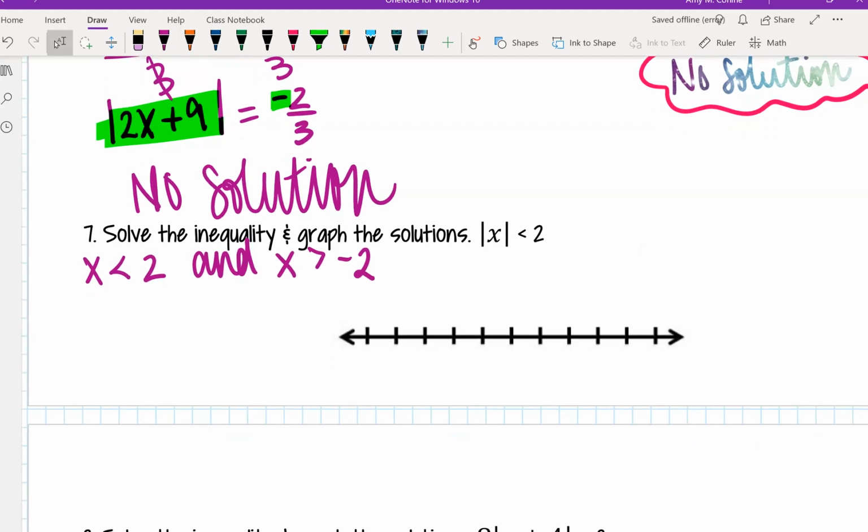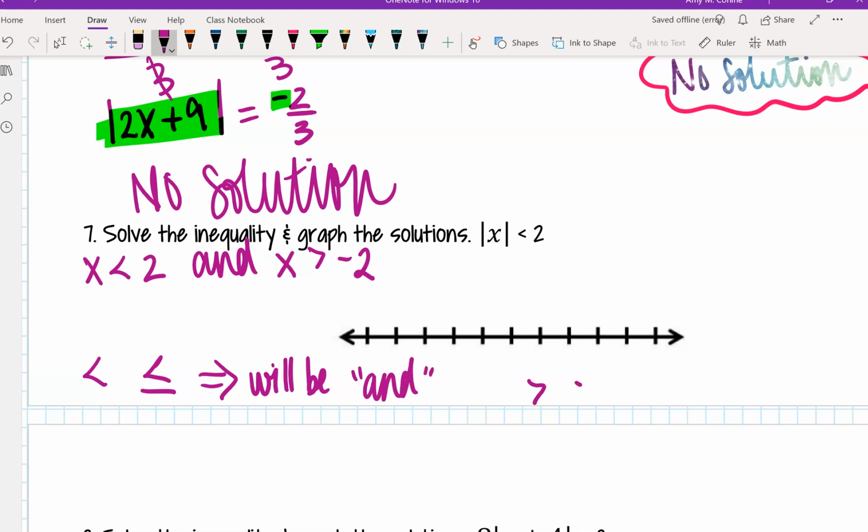And so a good way for you to check yourself and remember is that when you've got less thans or less than or equal tos, those will always be an and inequality. So we learned in the last video, greater than or equal tos will always be ors.